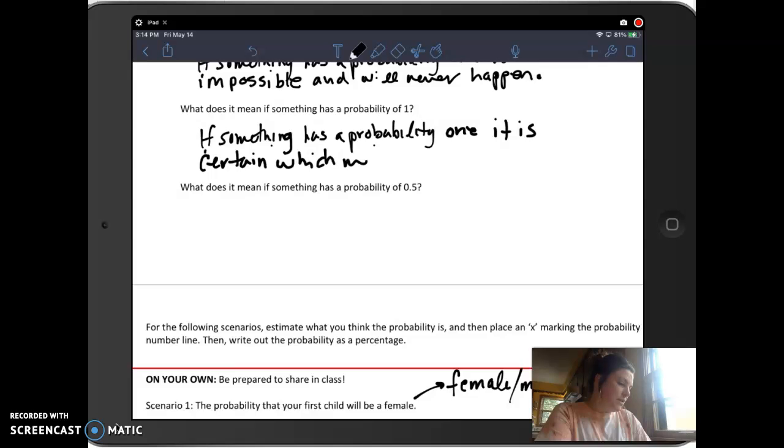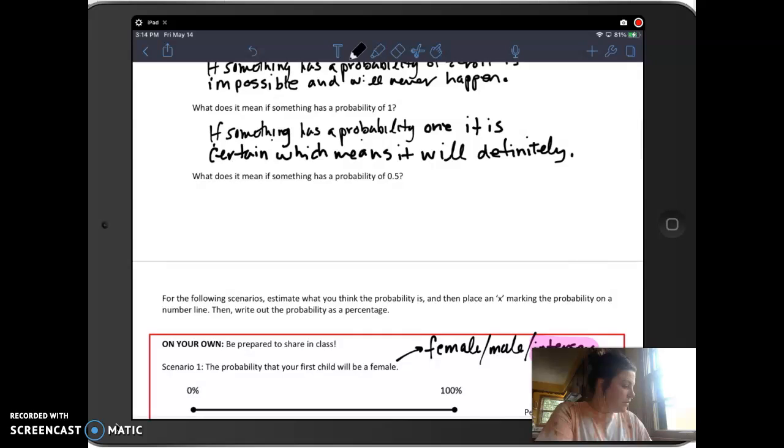which means it will definitely, for sure, 100% happen.